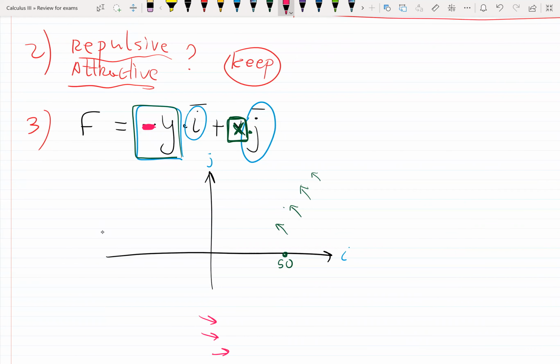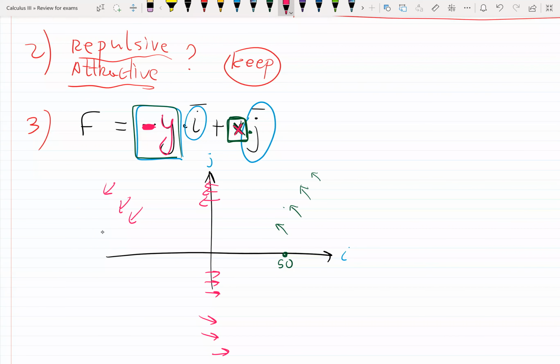So we already got this part. Now let's change the sign. The more I'm going to the left, when x is negative, the more I'm pointing down, down, down, down. If x is 0, then I don't point up or down at all. Then I only point left or right. That is like so.